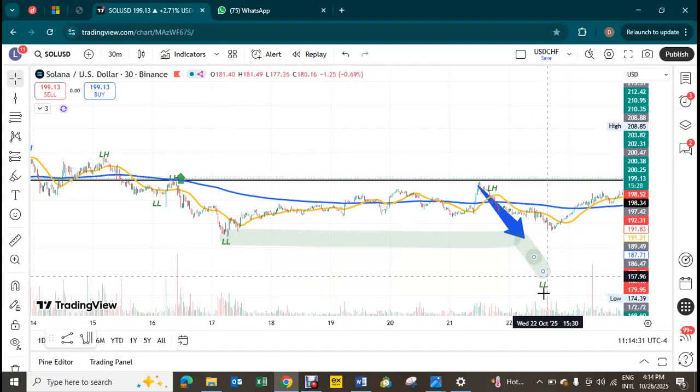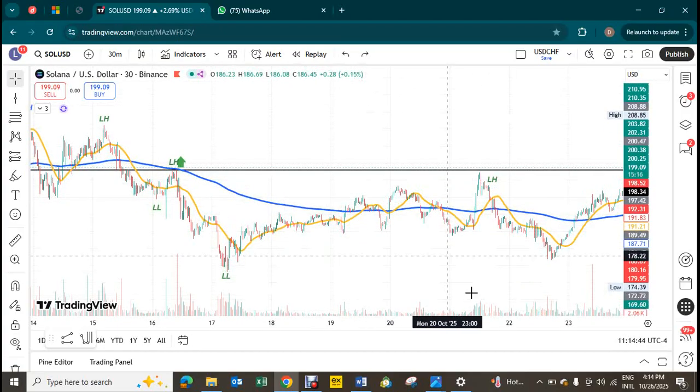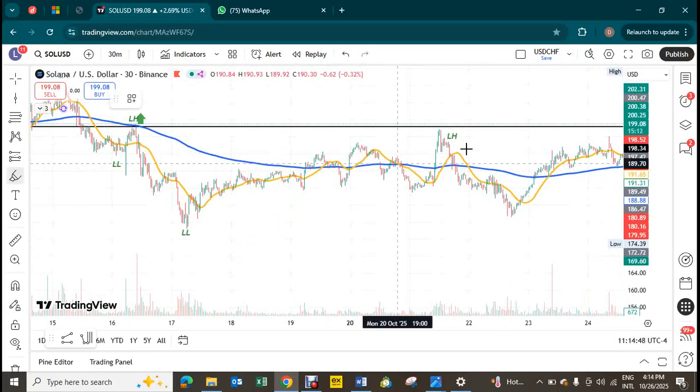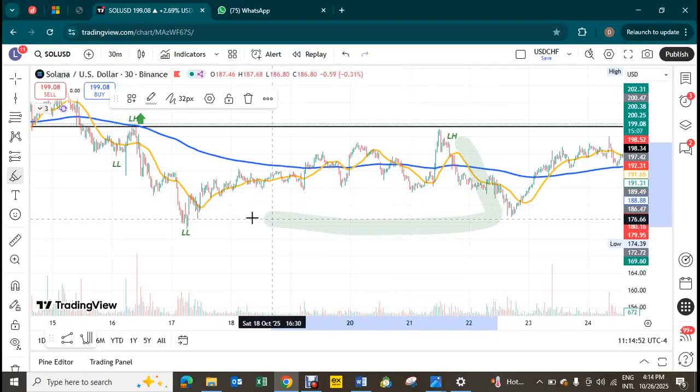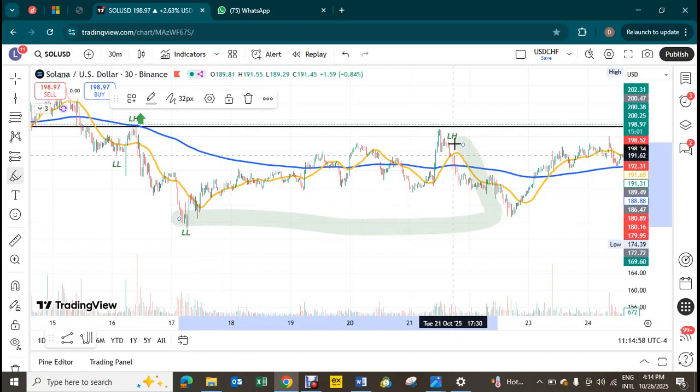Now at this level we start looking for a buy. We start looking for how to get an entry to buy. But at the moment, we didn't see that happen. We saw price come down to this level, but price did not break the previous lower low, meaning we're still very much in a lower high kind of situation.